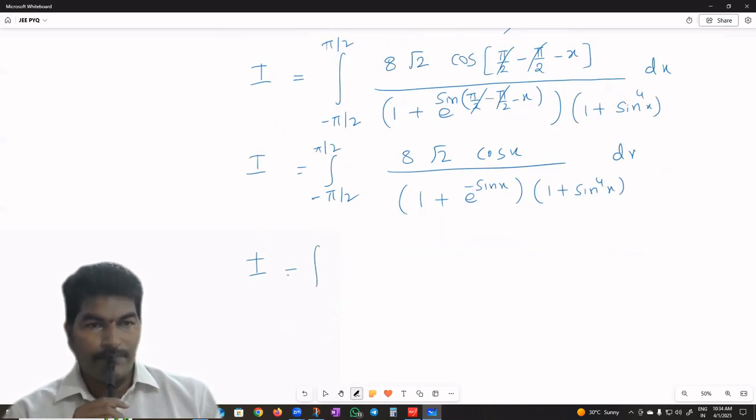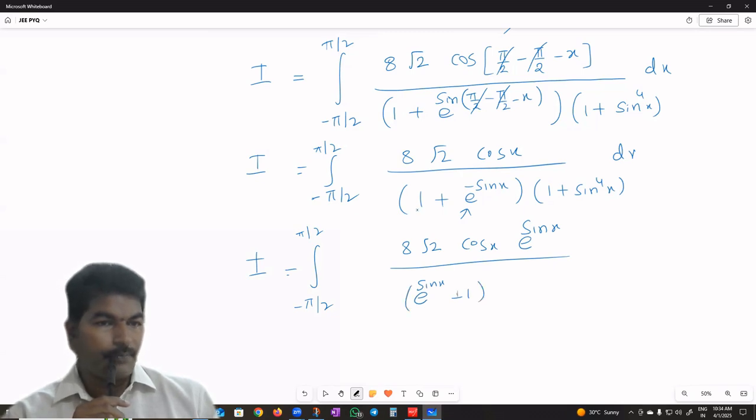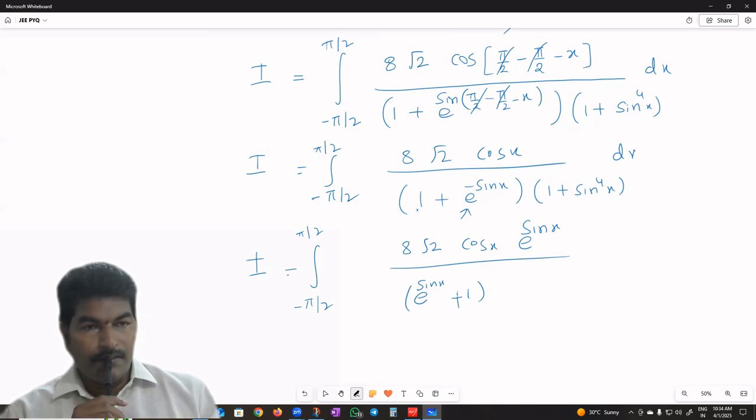If you do the LCM, then it will be minus pi by 2 to pi by 2, 8 root 2 into cos x into e power sin x divided by e power sin x plus 1. After doing the LCM, I got this, into 1 plus sin power 4 x.